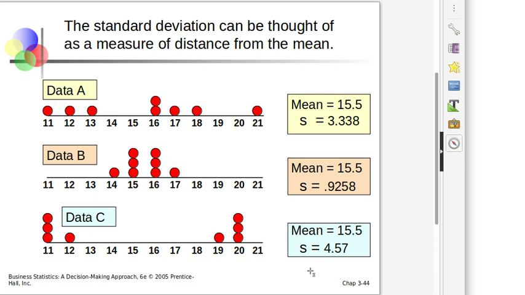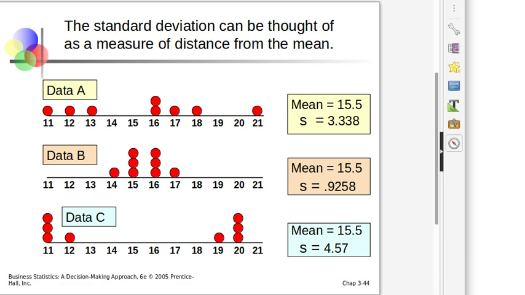Standard deviation can be thought of as a measure of distance from the mean, how far the distance of the elements are from the mean.